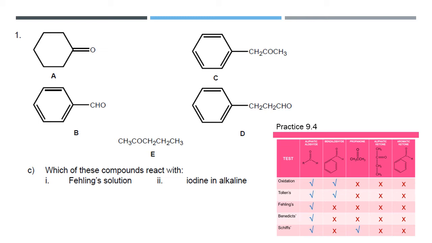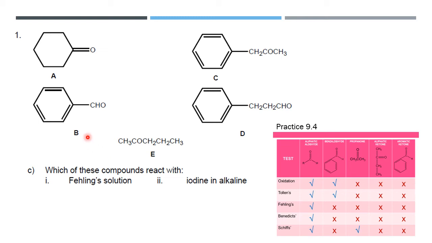Sometimes we need to refer to this table, but it's actually something that is easy for us to remember, whereby for Tollens, Fehlings, Benedicts, and Schiff, generally, they're going to give a positive reaction with aldehyde.